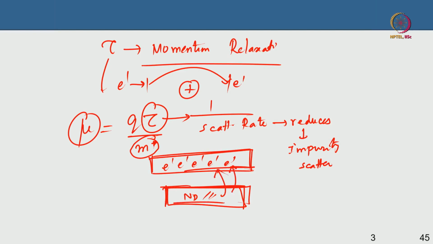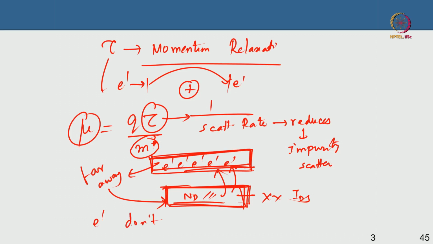This is, by the way, not an energy diagram, this is just a physical diagram. I am saying that in an epitaxial stack, if the dope layer is here but that dope layer is not conducting electricity, and the layer that is conducting, which has the free electrons, is far away from this, then the free electrons do not coexist with the dopant. In that case your impurity scattering will be minimal, okay.